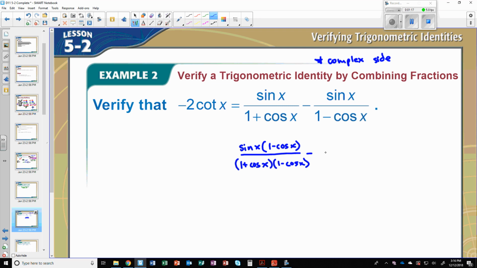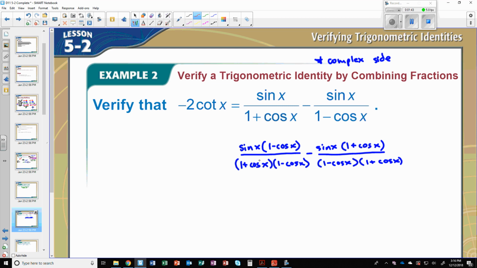But I'm going to do this so they now have both denominators. Over here, this sine x is going to be multiplied by 1 plus cosine. The reason I do that is to get this denominator, which currently is 1 minus cosine, to also have 1 plus cosine x. Now when you multiply conjugates, this will simplify to become 1 minus cosine squared.